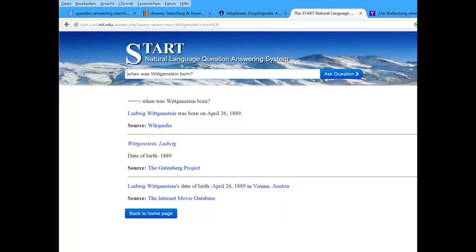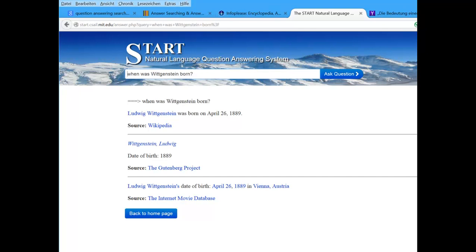Another system, the Start system, is still online. Again here, when was Wittgenstein born? I can query, and it gives me a result with the source Wikipedia, the source Gutenberg, and you will see, here on Wikipedia it gives me a real date, whereas for this source it can only extract a year.